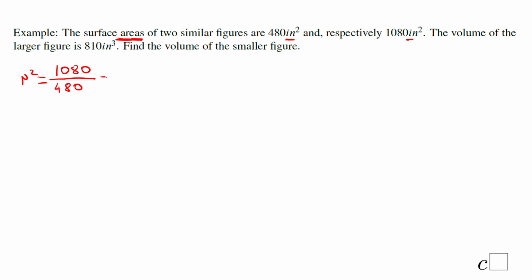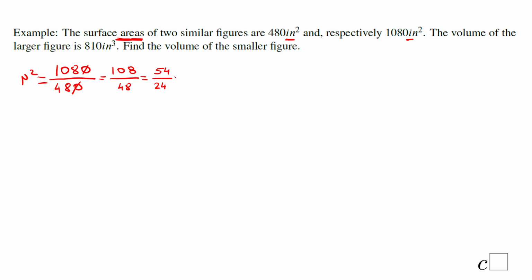Now try to simplify this, and this 0 is gone. 108 over 48. Can we simplify this? Of course, if you can use a calculator, that's even better. They are multiples of 2, so we get 54 over 24.